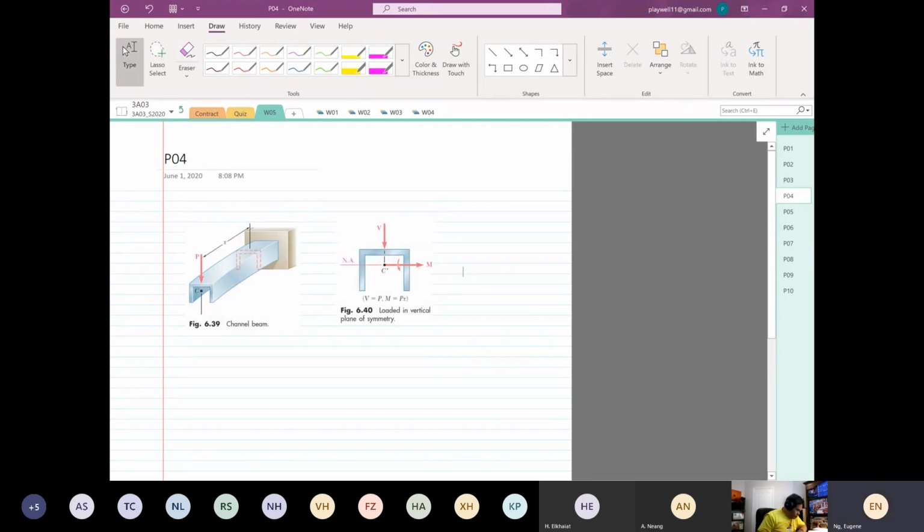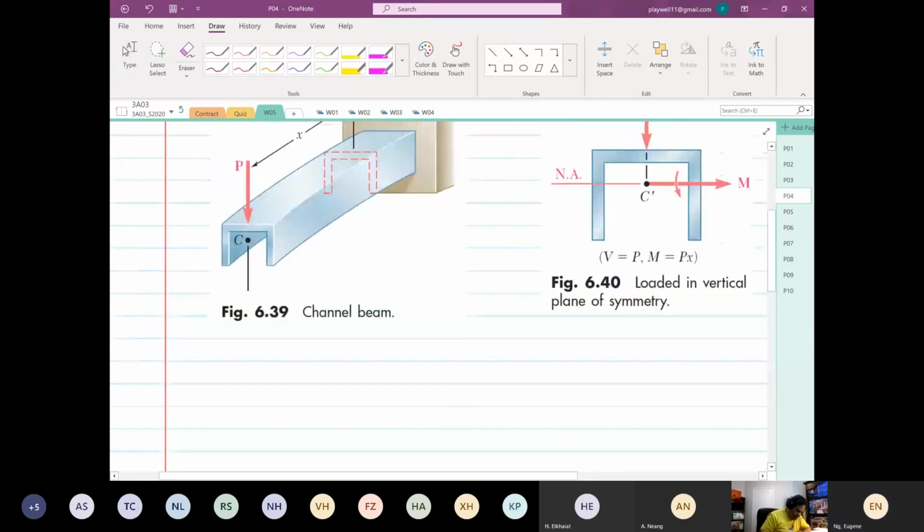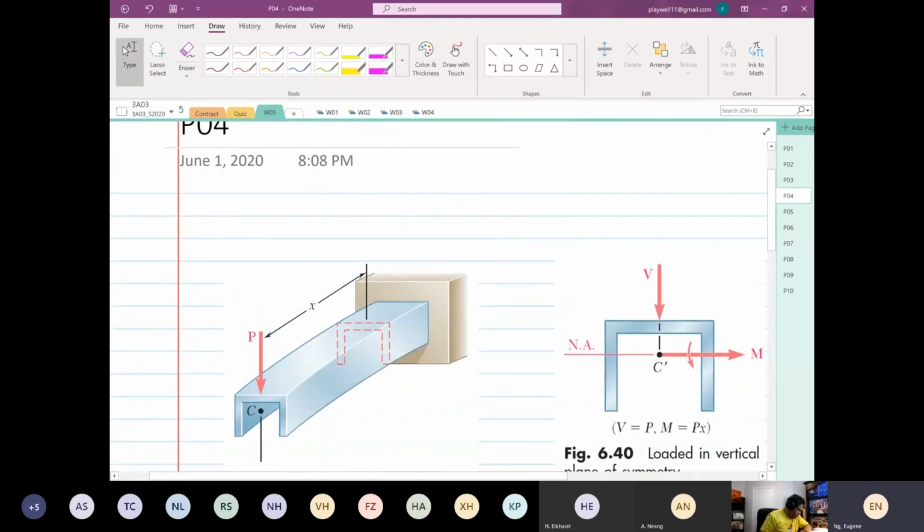So now I'm going to teach asymmetry. Okay, asymmetry. Loading of a thin wall member.